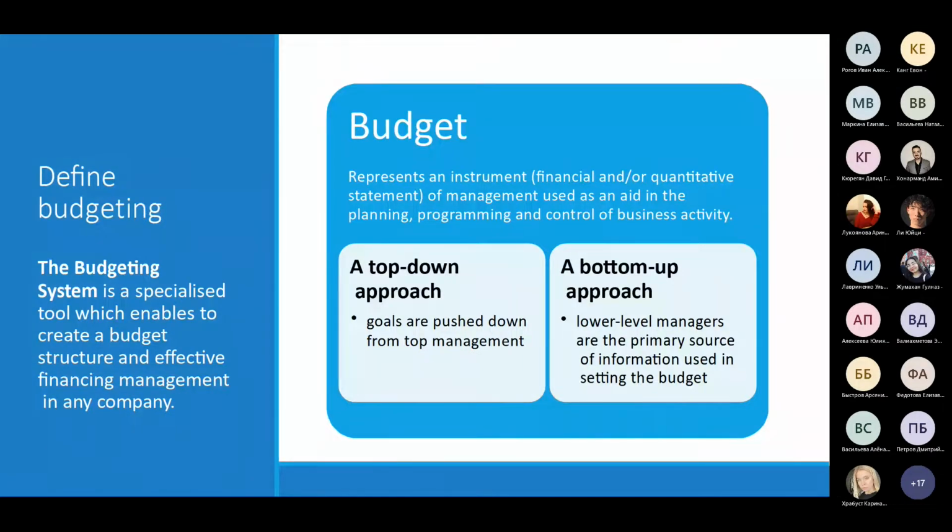There are two basic approaches to create the budget. The first approach is the top-down approach, when goals are developed by the top management, and then they are pushed down from top management to lower levels, and each department creates the part of the budget that is fully based on those top management goals.